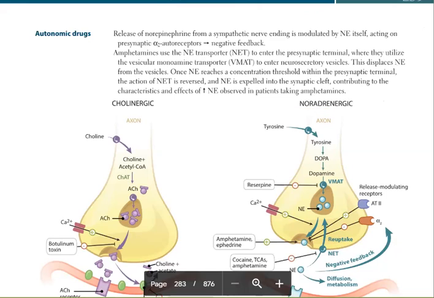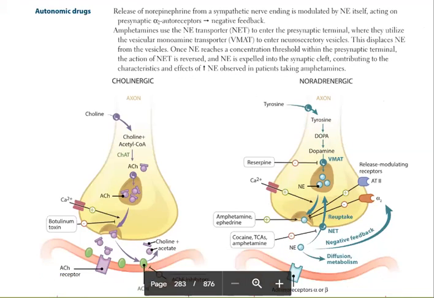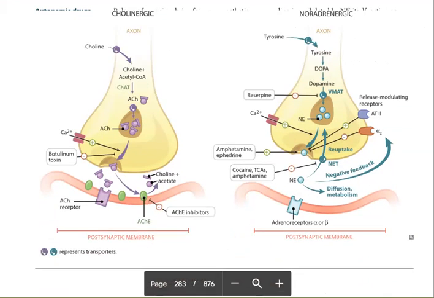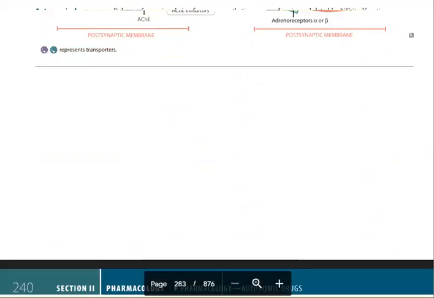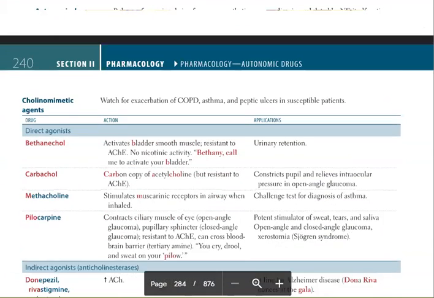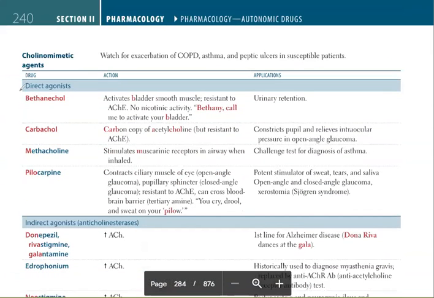Okay, so for students, there are nine minutes left to end this 40 minutes class. If the class ends, we will continue the class, because we have to cover our drugs today, at least the direct agonists. At least I will cover these four drugs today in detail.